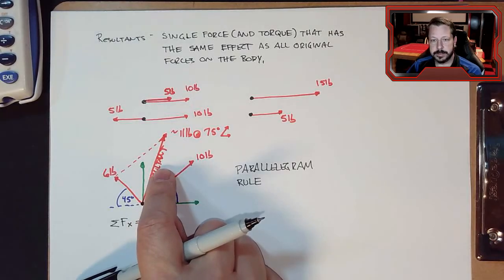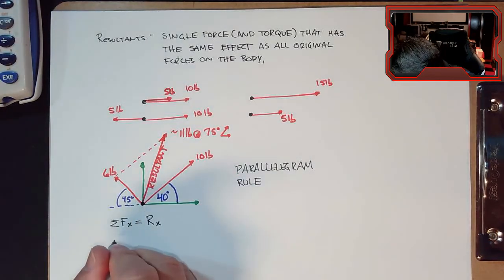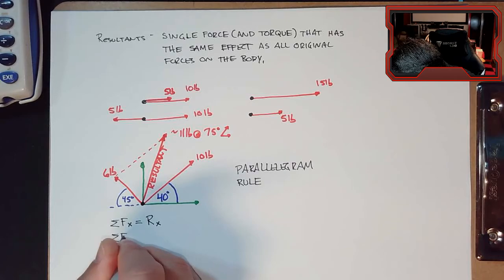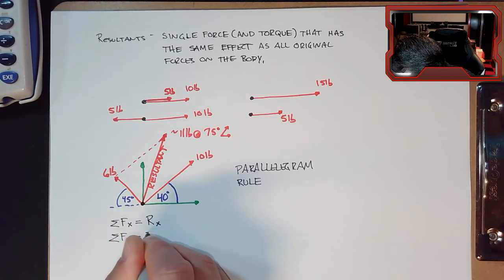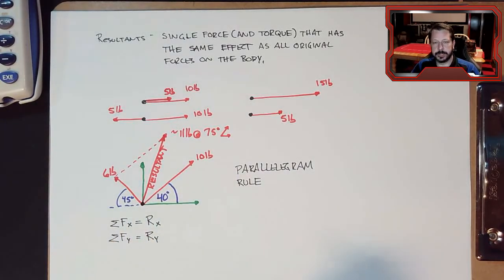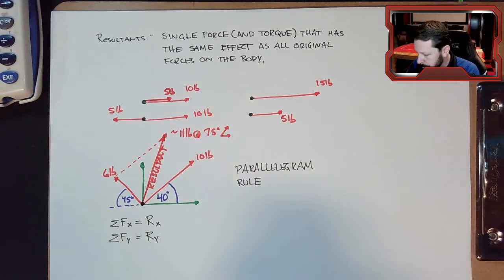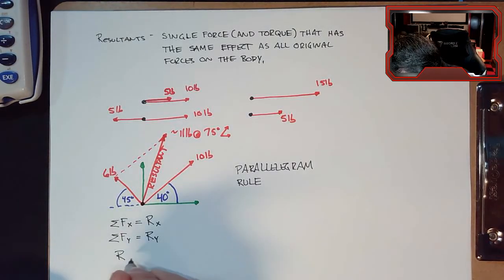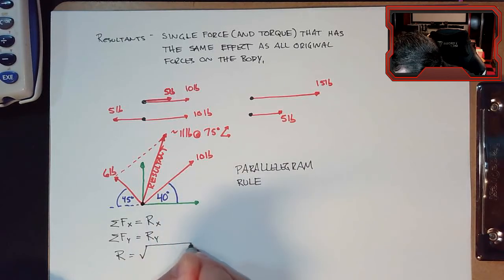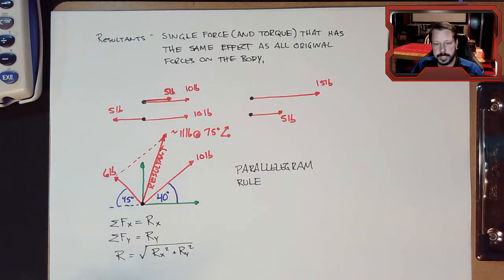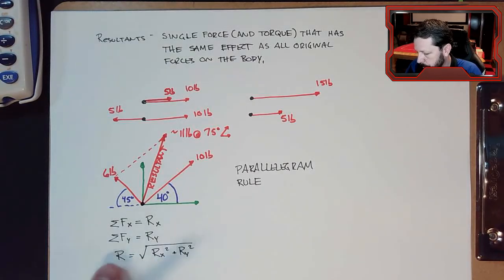Same thing for y, except they equal the y component of the resultant. The magnitude of the resultant would just be the square root of the summation of the squares of those components. So that's just Pythagorean theorem at that point: a squared plus b squared equals c squared, just solved for c.